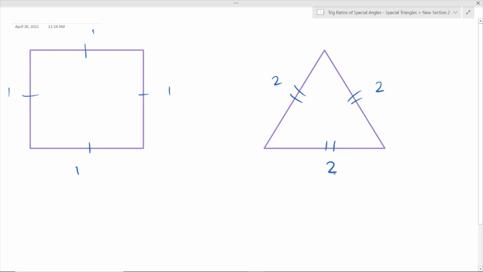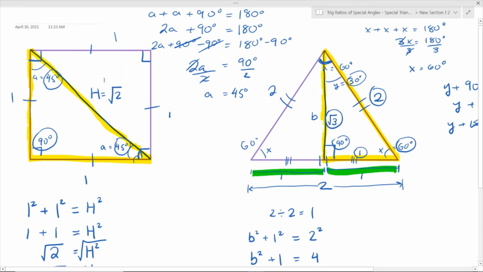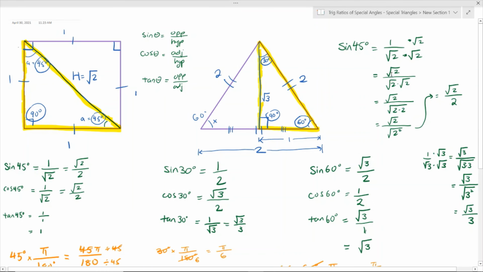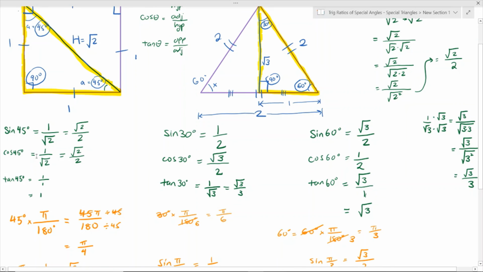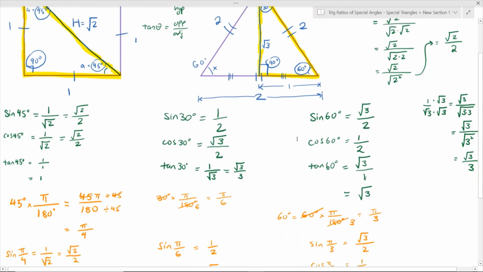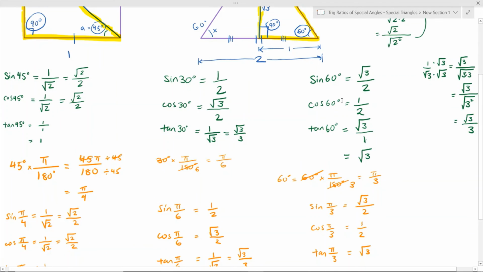Okay, so memorizing that, you can construct these diagrams right here, from which we can find the unknown sides and the unknown angles for the triangles. And then after finding all this information, you can find the trig ratios for these special angles, for 45 degrees, 30 degrees, and 60 degrees.